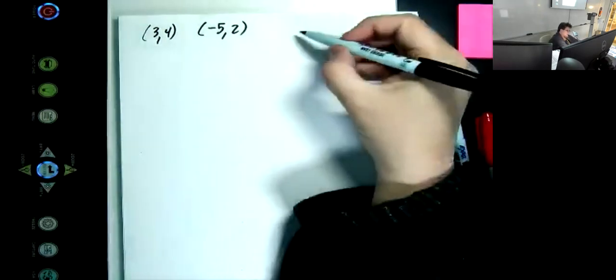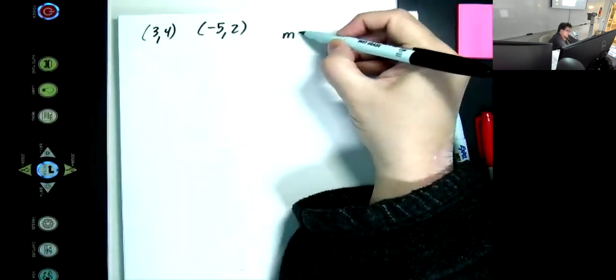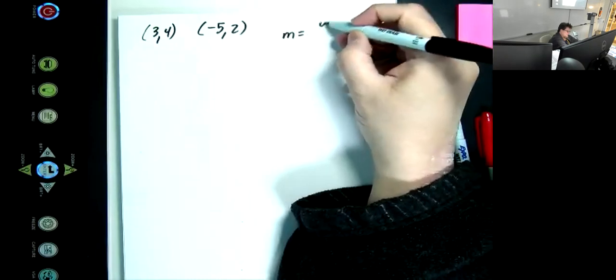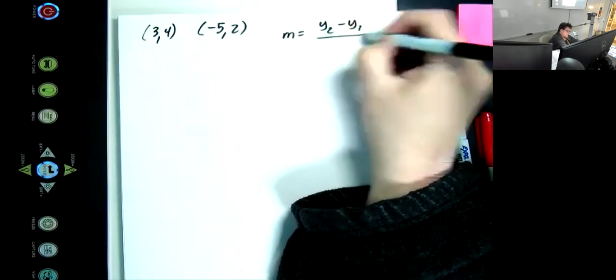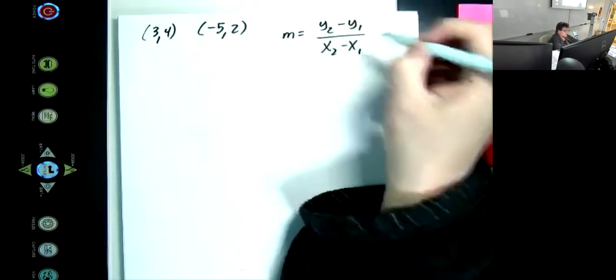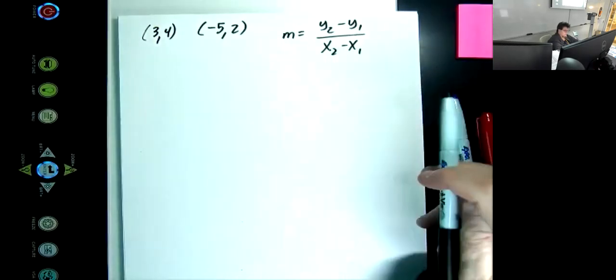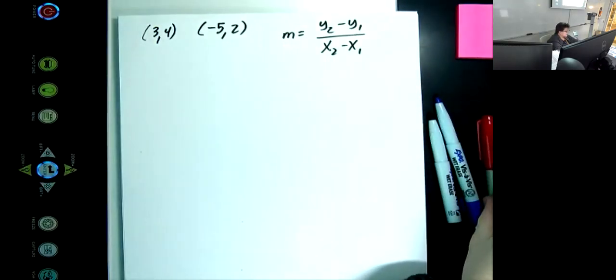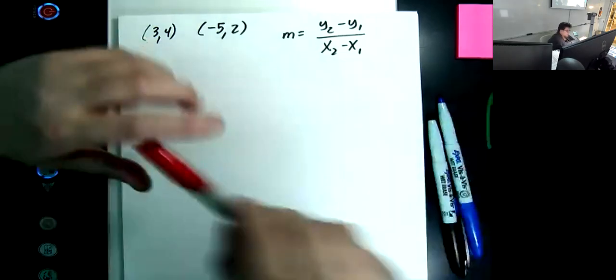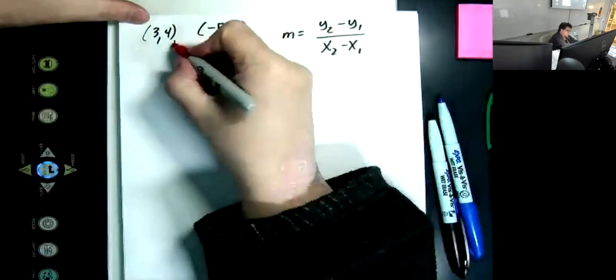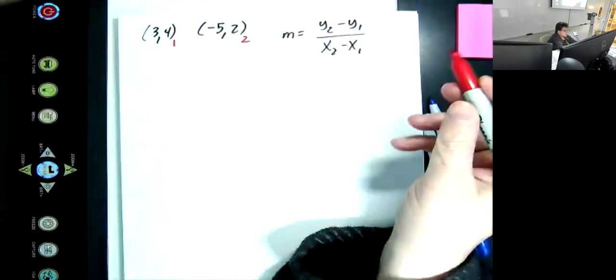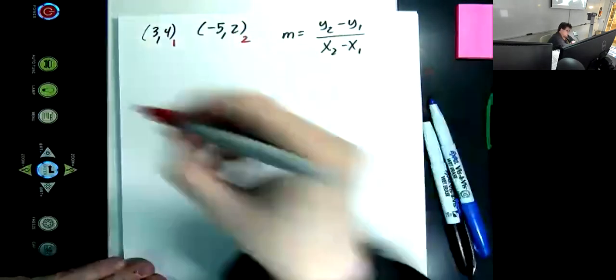We can find the slope and plot this line by doing y2 minus y1 over x2 minus x1. And it doesn't matter which one we label 1 or 2. I'm going to do it both ways. I'll call that first set 1 and the second set 2.